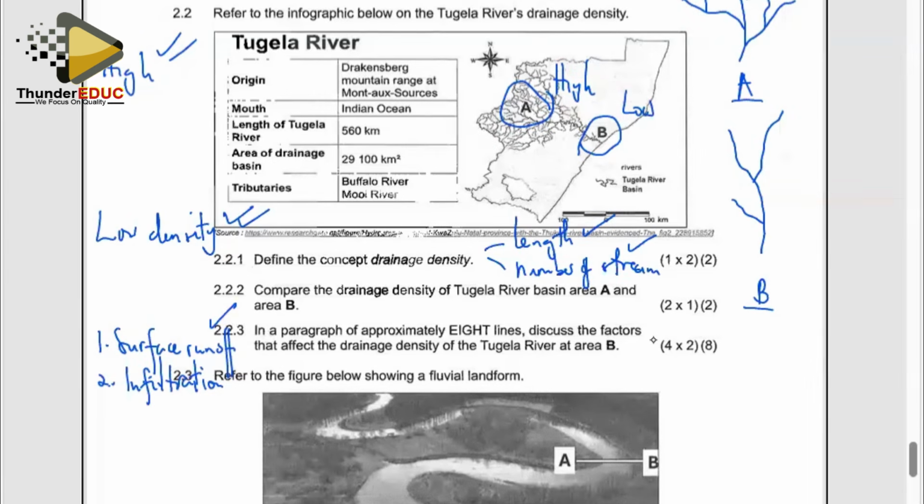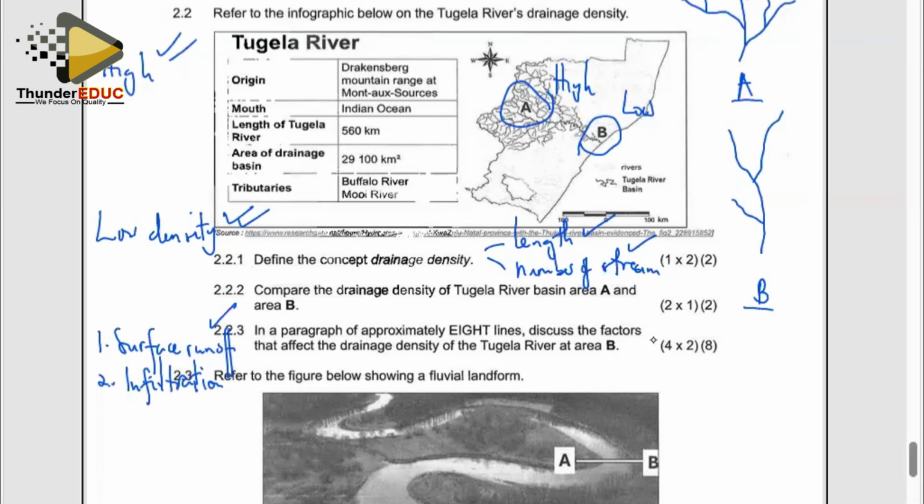And it means that area will have a high density. So you need to look at factors that contribute towards increased surface runoff. And for the same reason, it is the opposite with infiltration. There must be less infiltration. There must be more surface runoff and less infiltration for us to have high drainage density.